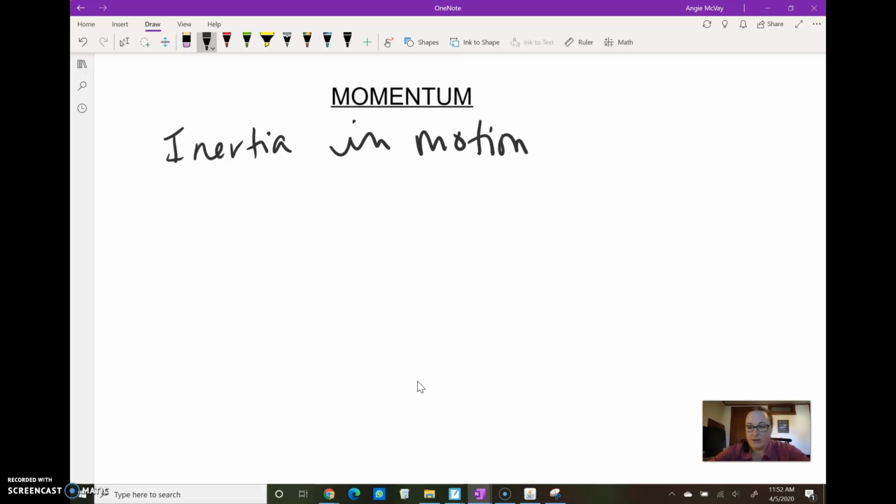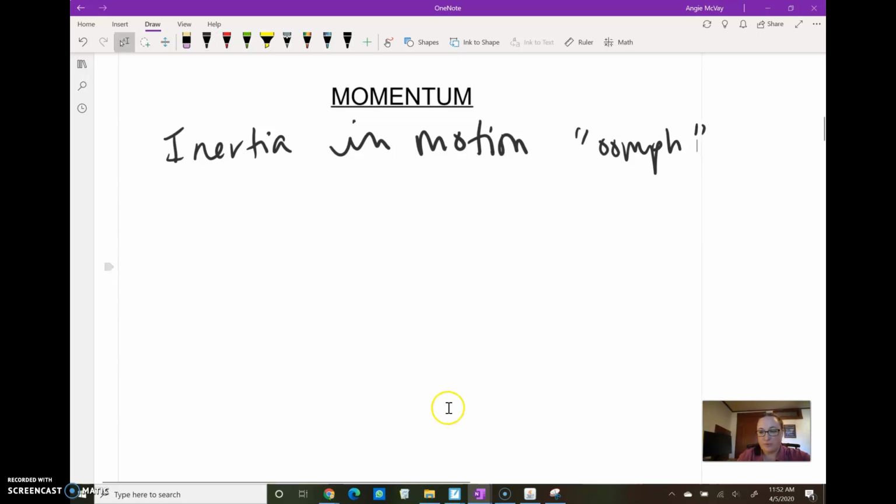You'll notice my handwriting isn't much better on this than it is on the smartboard. I like to call inertia in motion like an object's oomph. Right, if you've got more mass and more motion, that object has more oomph. Okay, and I'm going to go ahead and switch over just to full screen here, I think.